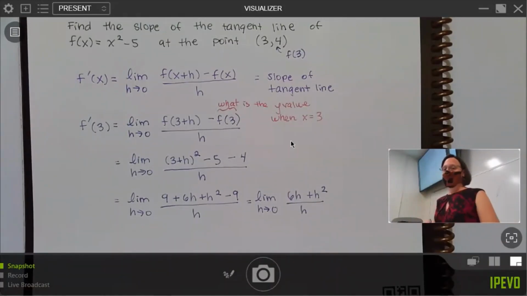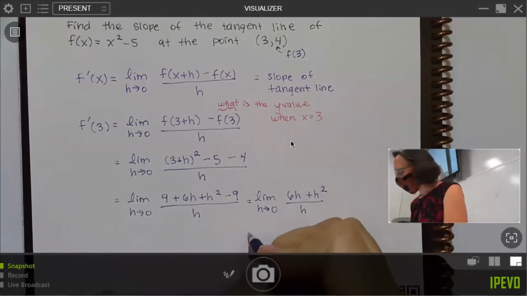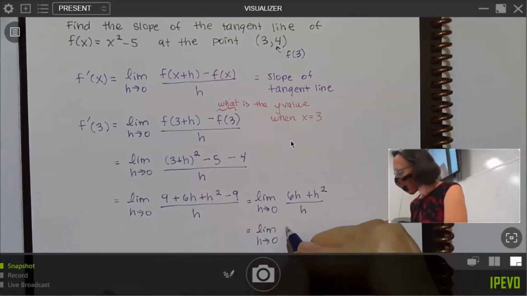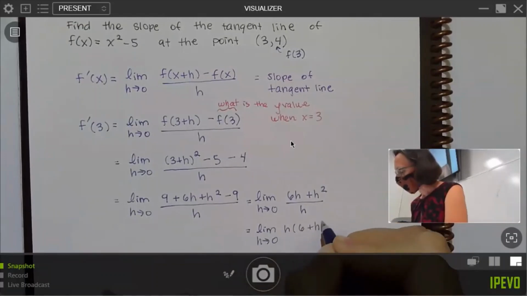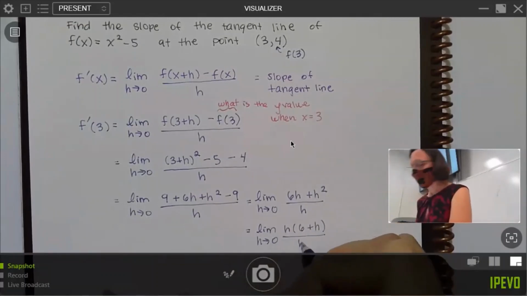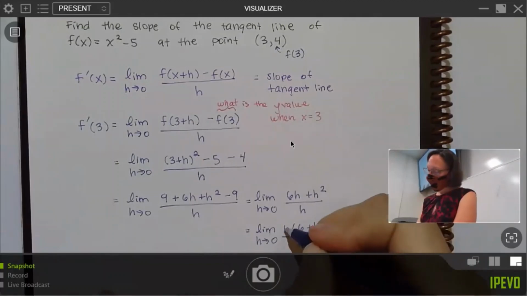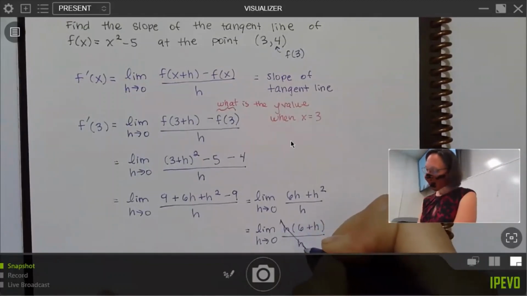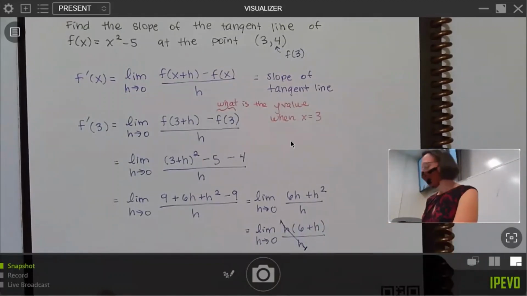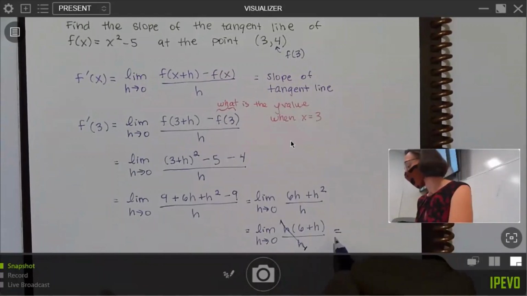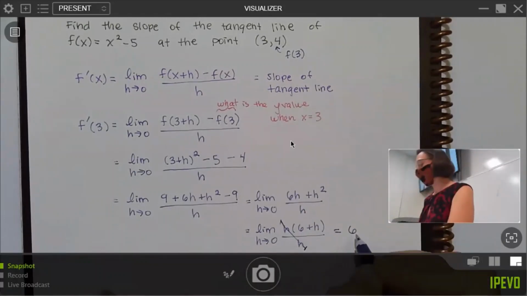I'm going to go ahead and factor, so that I've got 6 plus h on the top times h. I've got another h there, but h over h is going to give me a 1. And my very last step, I can plug in 0 for h and get a value of 6.